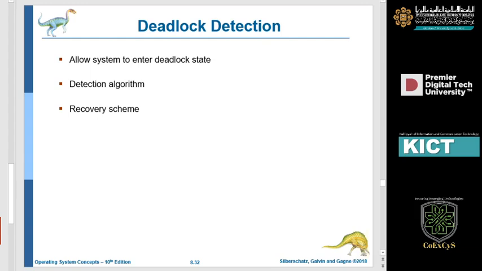But what if we allow it to run without actually avoiding things? If we do that, then we have to detect when we are actually in a deadlock. And if a deadlock actually occurs, how do we recover from such cases? So the operating system does one of two things.